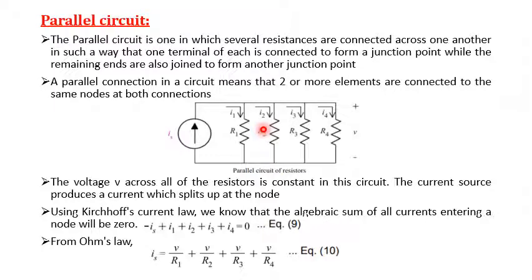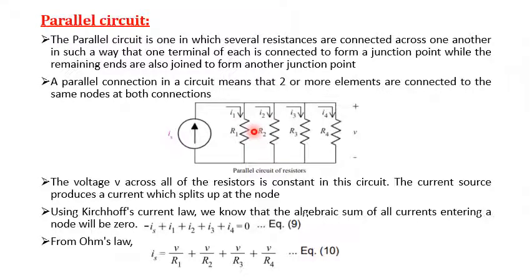The resistances are connected so that one terminal of each forms one junction point, because a number of resistance terminals are connected here. The other terminals form another junction point. Such a combination is called a parallel circuit.